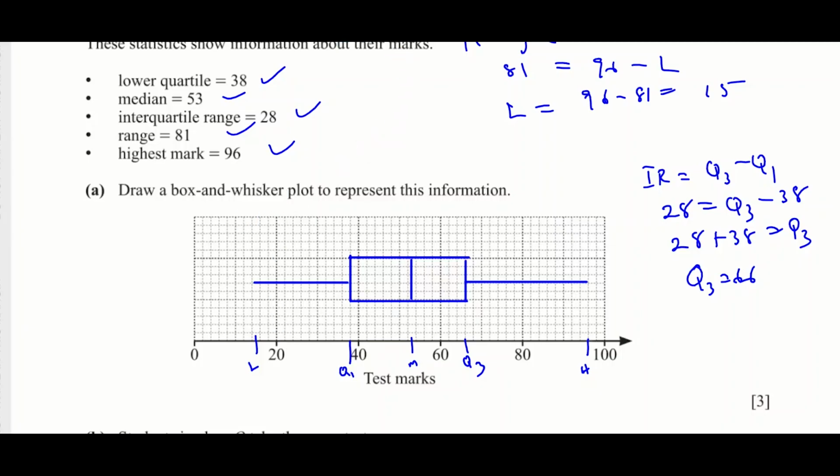So this is the box and whisker plot. This point will be the lowest, and this will be the highest here. Then this will be the lower quartile, this will be the median, and this will be the upper quartile.